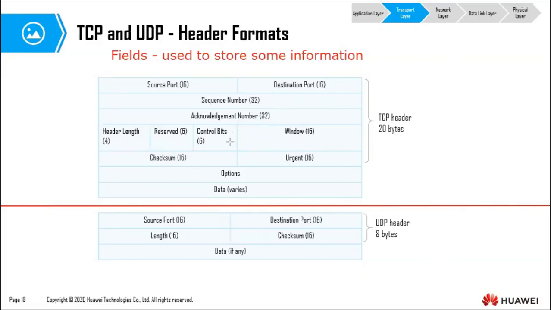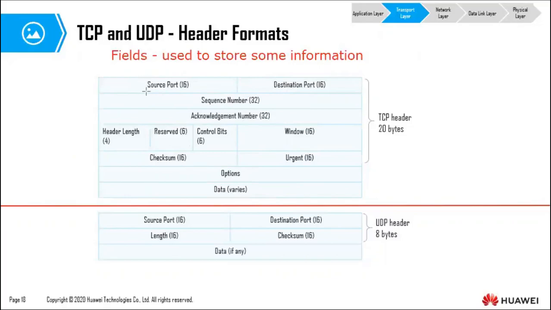So all the fields of a protocol define all the components that particular protocol has. For example, TCP and UDP are simply headers. So the header that is going to be added, the information that is going to be added to the data payload by TCP, are these fields.